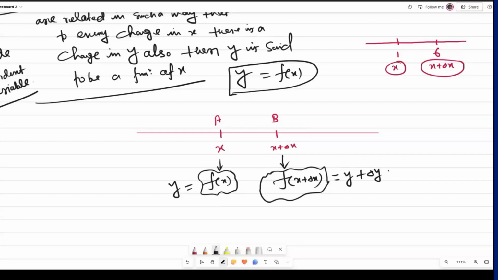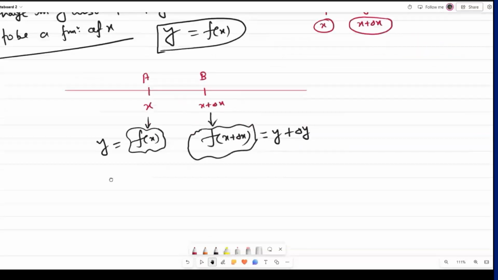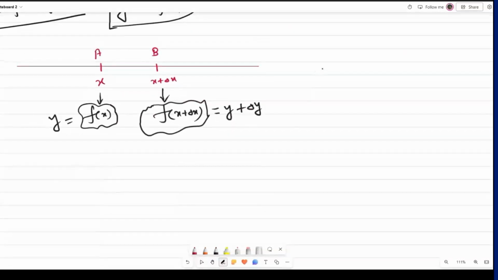y equal to f(x) is the function. Functional value changes, it has become y plus delta y, when the point is x plus delta x. Now, change in x I'm writing here, change in y I'm writing here.